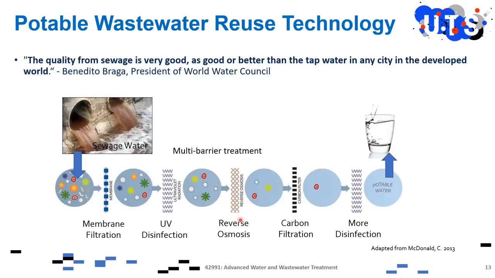And then it goes towards a reverse osmosis process, which uses a dense membrane that only allows water molecules to pass through. Of course, there are some quite small things that can pass through as well, but then there's another barrier system that would enable further reduction of whatever contaminants you have in that water at this stage. And then lastly, if there are bacteria still here, then it will go towards a more disinfection process before it becomes potable water.